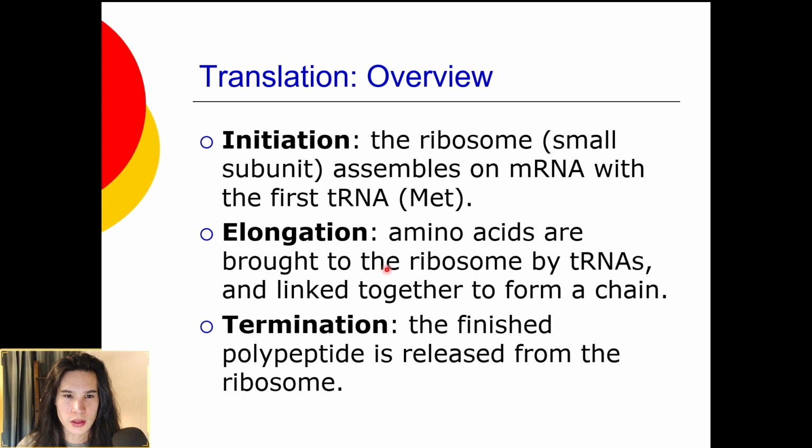So that's translation. So translation starts off with initiation, where the small subunit assembles on the mRNA and waits around for the large subunit. Eventually the large subunit binds to it, and then you have your initiation complex. And remember, the start codon is always going to be methionine. And then next we have elongation.